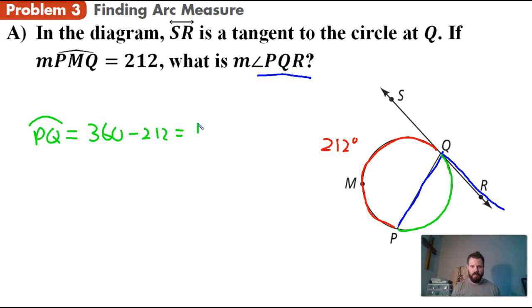There we go. So we get 148 degrees. And then like we said, angle equals half the arc. If I take that arc and just divide it in half, I end up with 74 degrees for my angle.